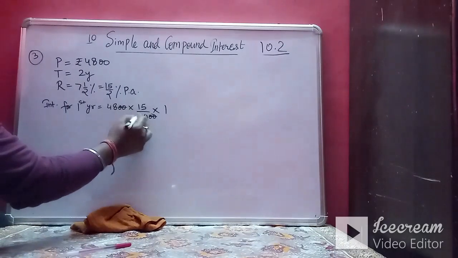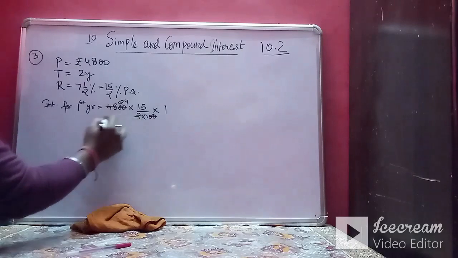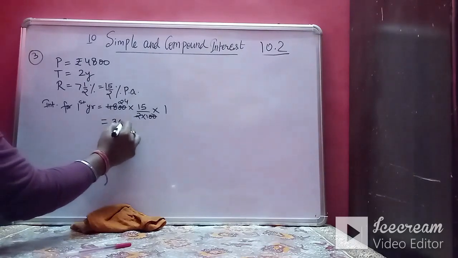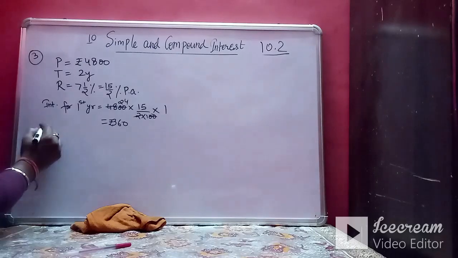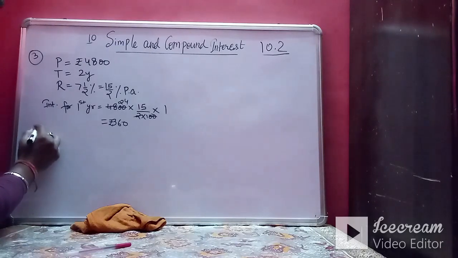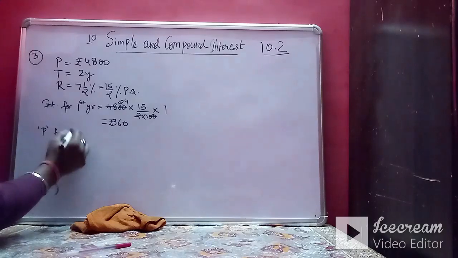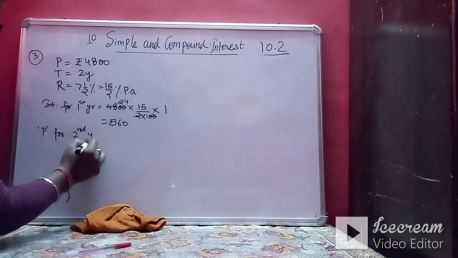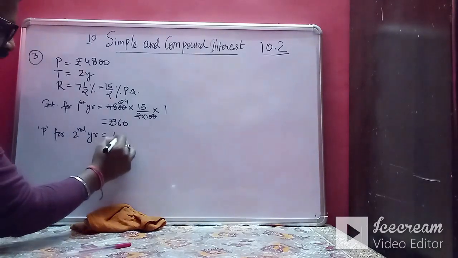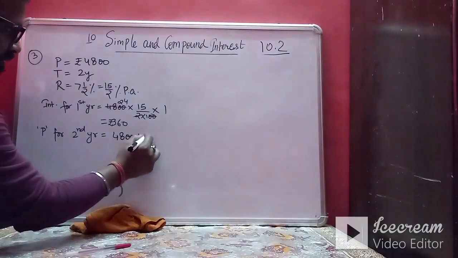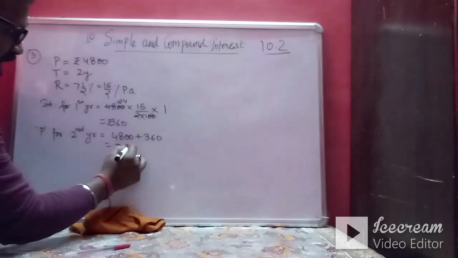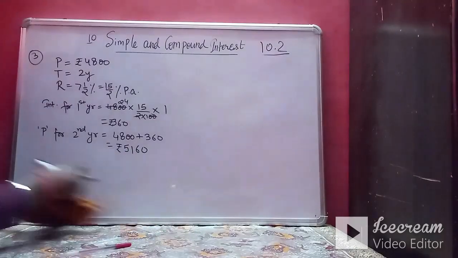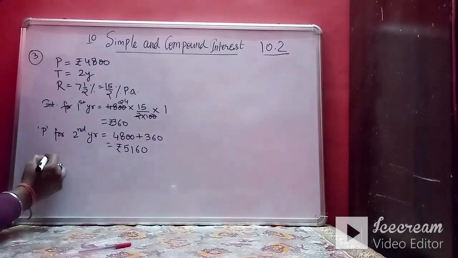So it will be 360 rupees. Now we will calculate P, means principal for second year. So principal for second year will be, we will add it, we will get rupees 5160.